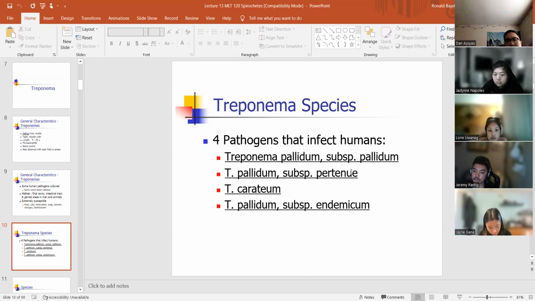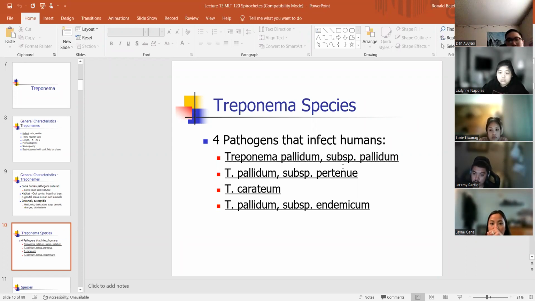Okay, the diseases that these treponemes cause, and I'll mention this again later in the lecture. Pallidum is easy. Treponema pallidum causes syphilis. The next 3 are pertenue, carateum, and endemicum, PCE, and that corresponds to the diseases Yaws, Pinta, and Bejel.